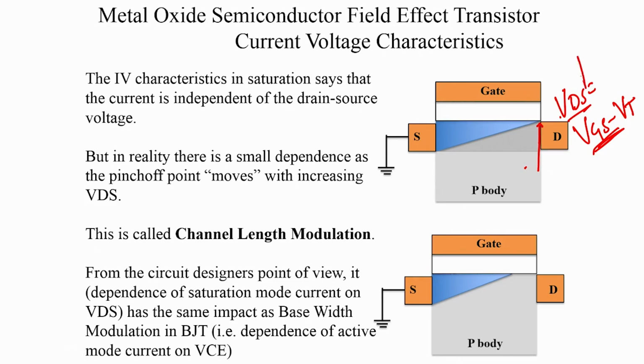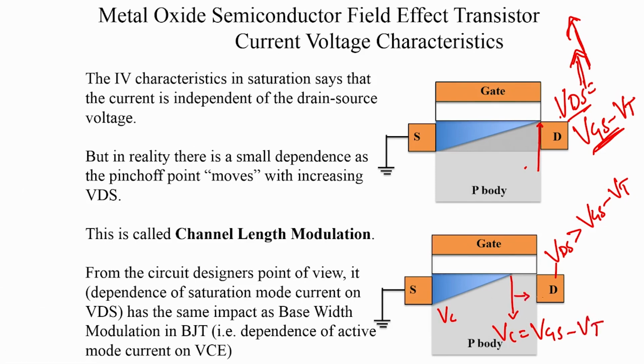But let us say we increase VGS further and we keep increasing the drain to source voltage. So, the drain to source voltage is now much greater than VGS minus VT, which means that if you were to probe Vc, there is a point here where Vc has already become equal to VGS minus VT, and beyond this Vc is greater than VGS minus VT, and at this point my Vc is equal to VDS, which is of course greater than VGS minus VT.